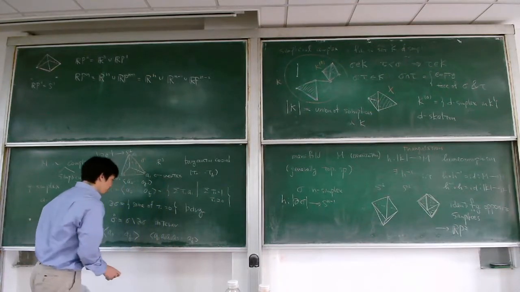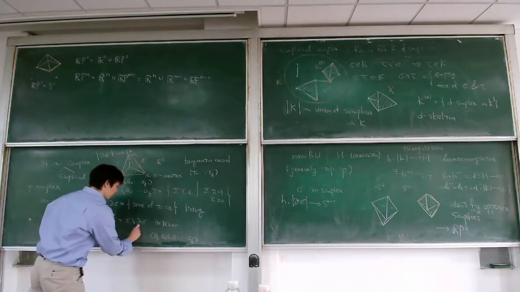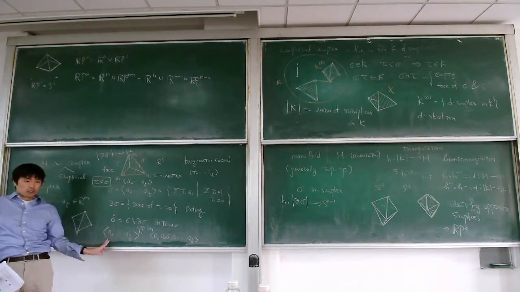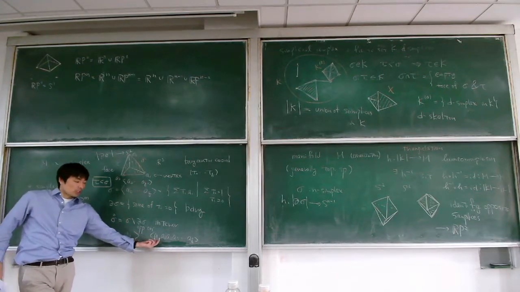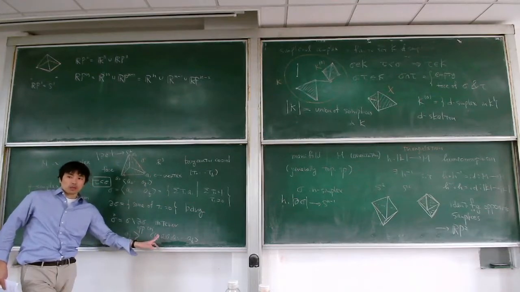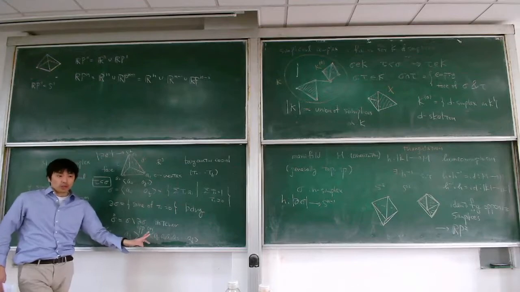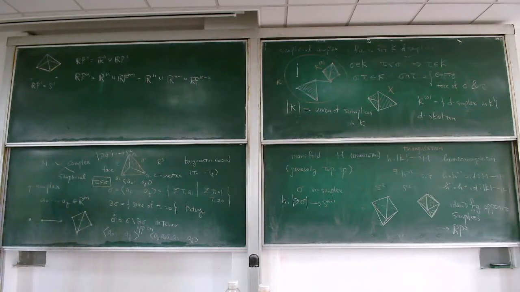So once you permute two vertices, I just swap A0 and A1, it becomes the opposite orientation.